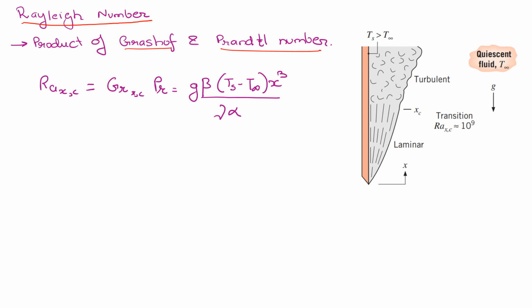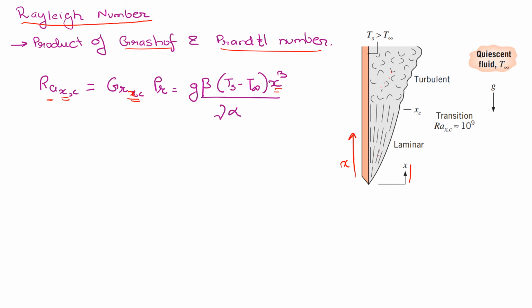Notice that we have a subscript of x here. That means this Rayleigh number will be different as we move along the plate. As your x increases, your flow may initially be laminar, and then transition to a turbulent flow.